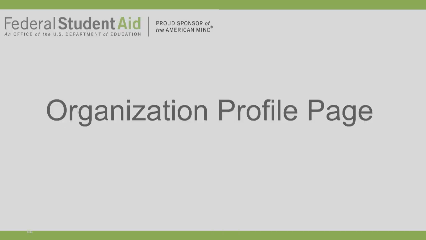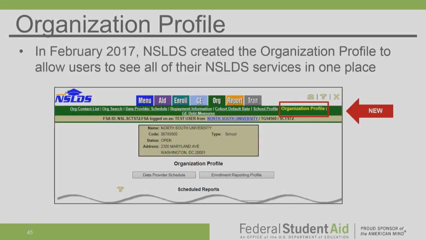All right. So we did a rather large-scale project on our organizational profile page that had a lot of impacts, not only to this new one-stop shop page that we created, but also some downstream impacts to the various reports that are out there and available. So I'm going to walk you through some of those changes that we made and what it looks like.